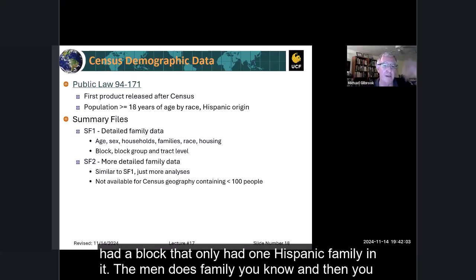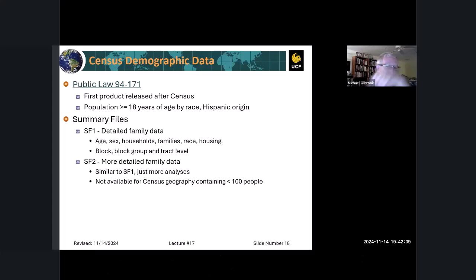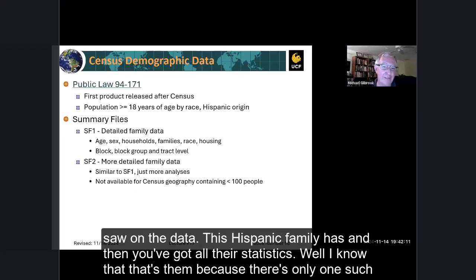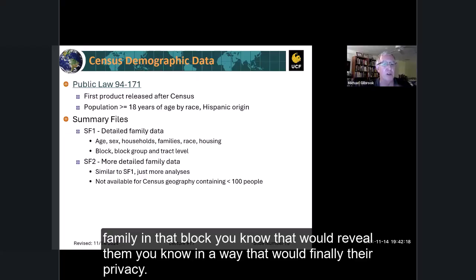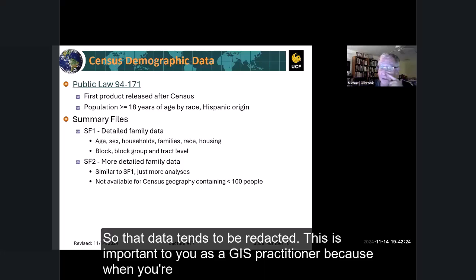Say, for example, you had a block that only had one Hispanic family in it, the Mendez family, and then you saw in the data this Hispanic family has, and then you've got all their statistics. Well, I know that that's them because there's only one such family in that block. That would reveal them, in a way that would violate their privacy. So that data tends to be redacted.